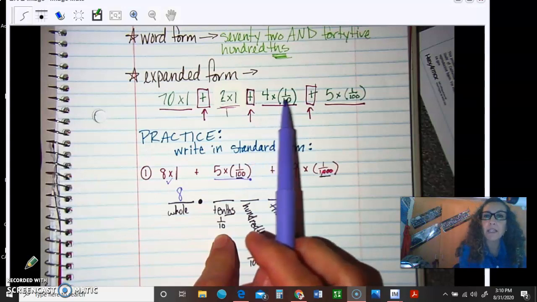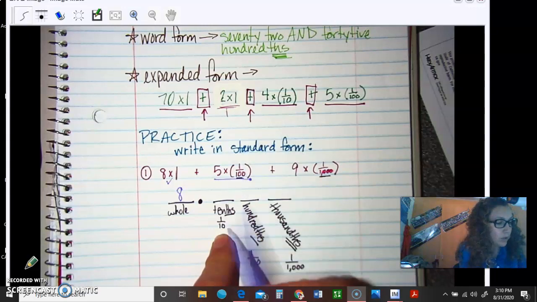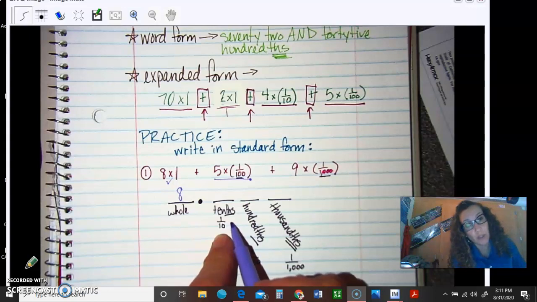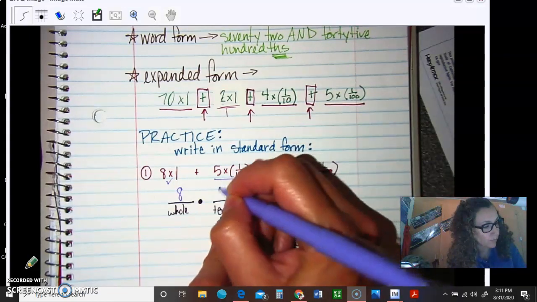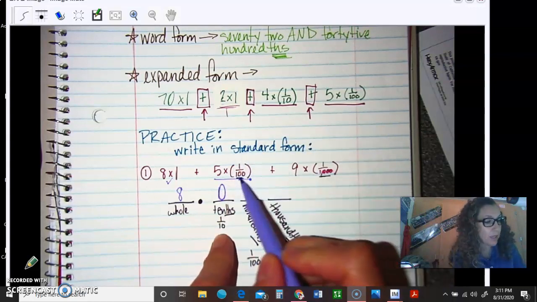If we had a tenths position, it would show 1/10, right? So nothing goes there. Do we leave a blank? No. We need a placeholder. What do we use as that placeholder? There you go.